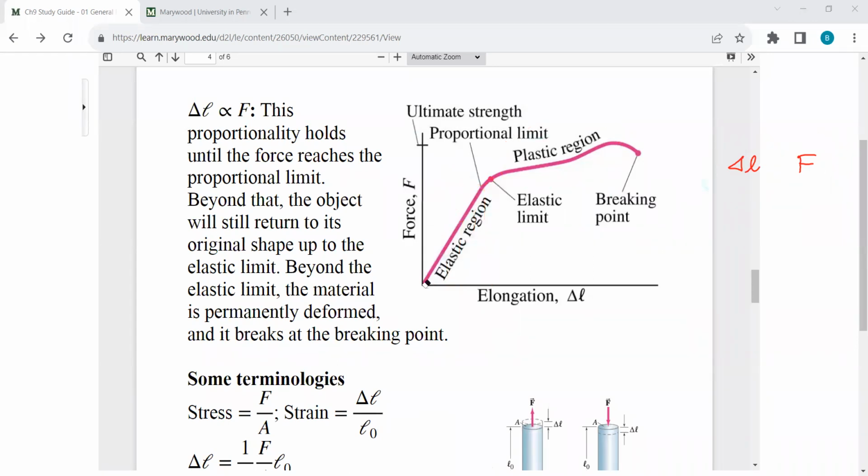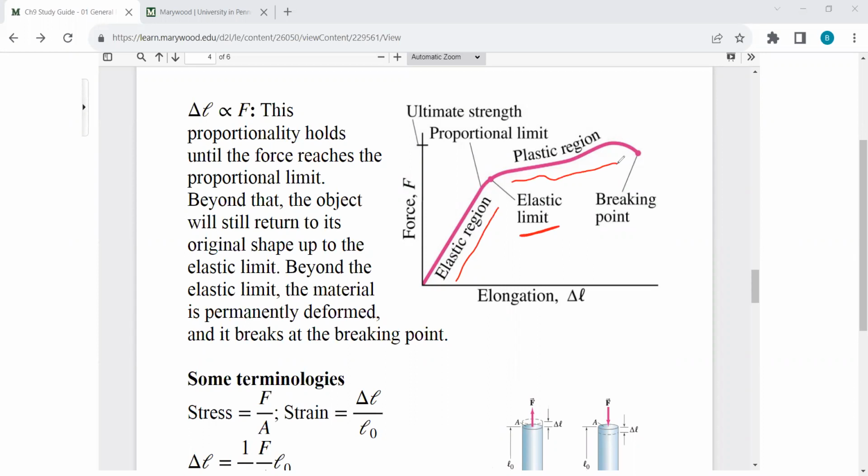So you see that in the elastic region, the object behaves like a spring. That means you apply force, it extends, and when you remove this force, it goes back to its original equilibrium position. After the elastic limit, it enters the plastic region.